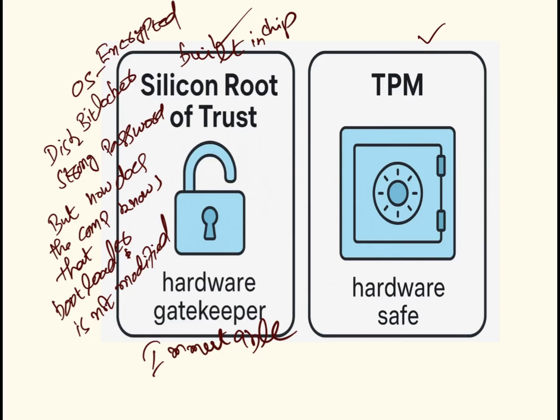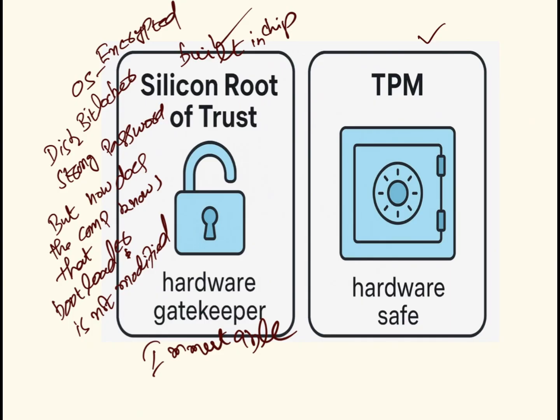What exactly does Silicon Root of Trust do? It usually performs three core security actions. Measurement: it calculates cryptographic hashes of firmware, bootloader, and critical system components.